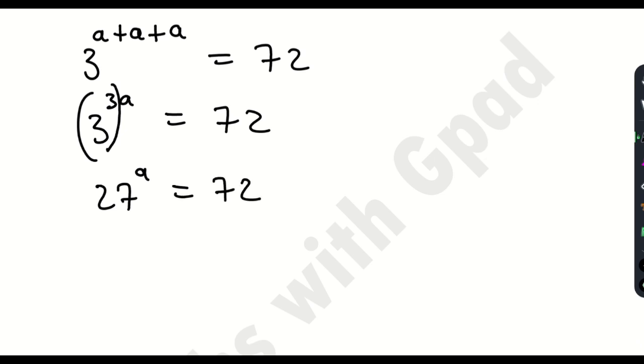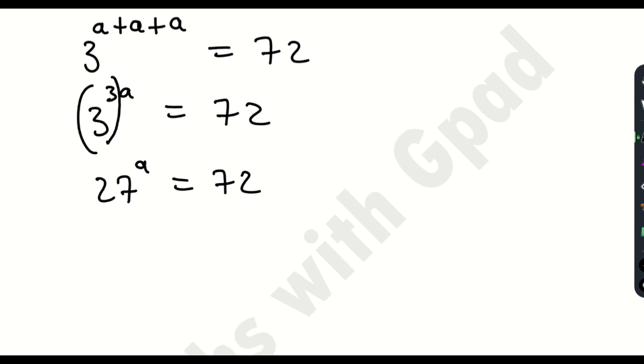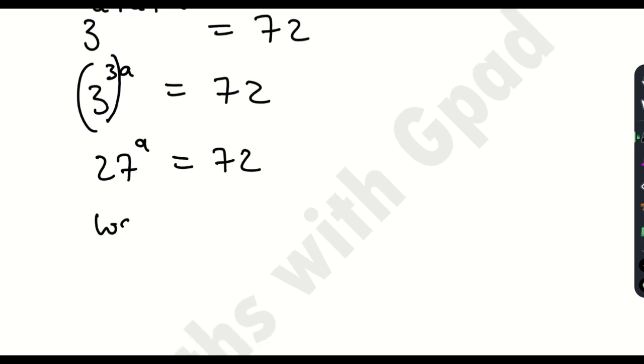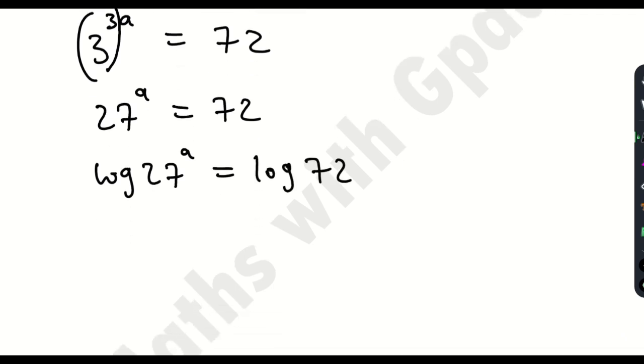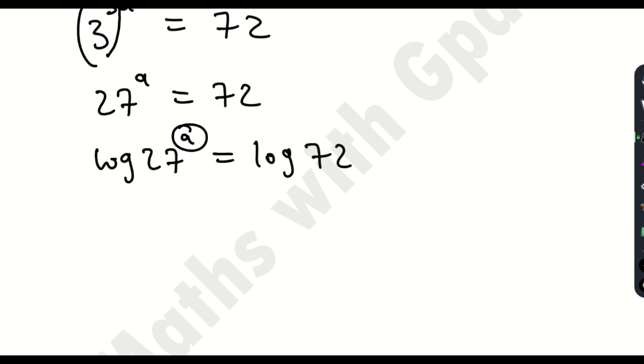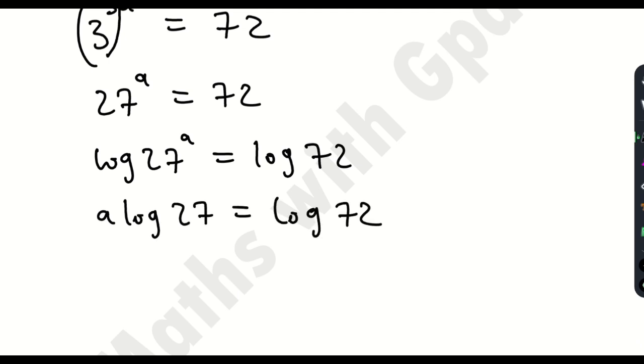It's now time to take the logarithm of both sides because I want to drop a. So it's going to be log 27 raised to the power a is equal to log 72. Now, from one of the laws of logarithm, this a comes down to the front of the logarithm. So we are going to have a log 27 is equal to log 72.